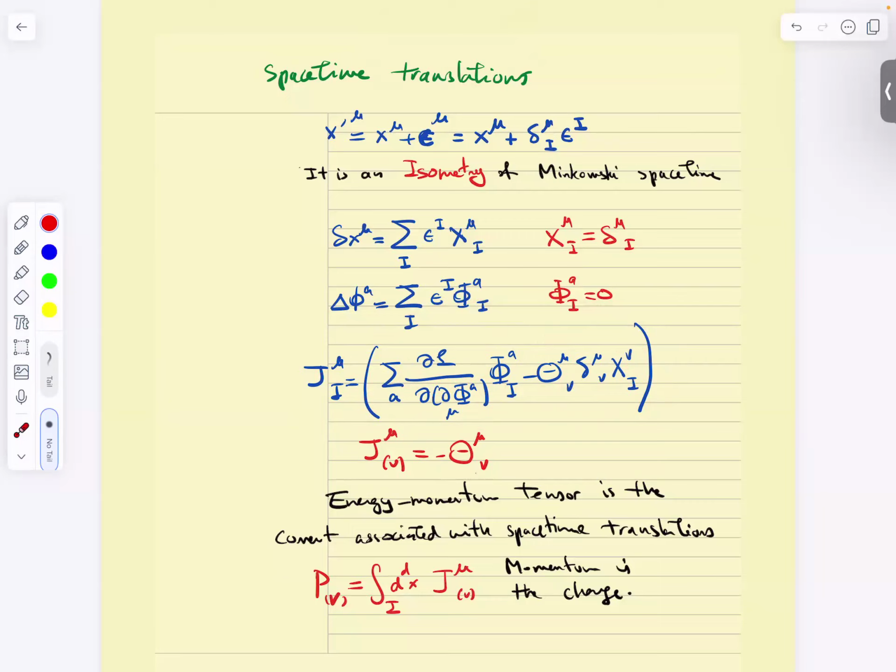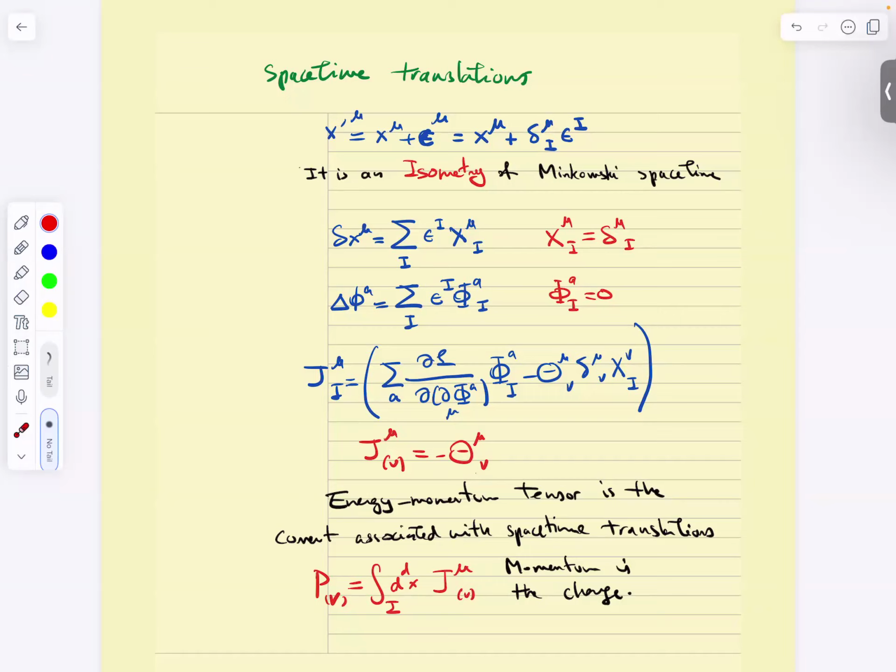Now something funny happened. This is called the energy momentum tensor. It's the current associated with space-time translations. And what do you get if you integrate over a constant time slice? Momentum, right? The zero component of momentum is the Hamiltonian. If you integrate it over a time-like surface, it's momentum.